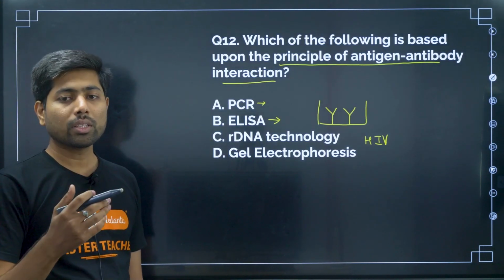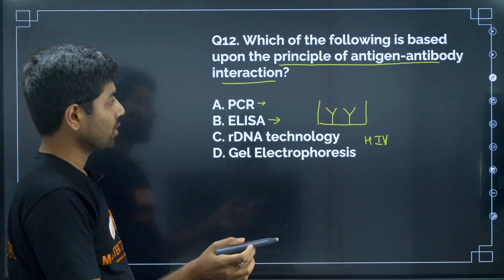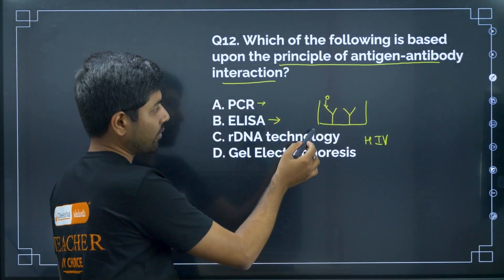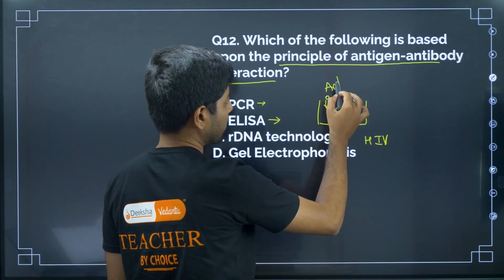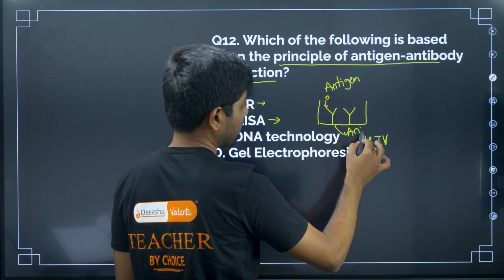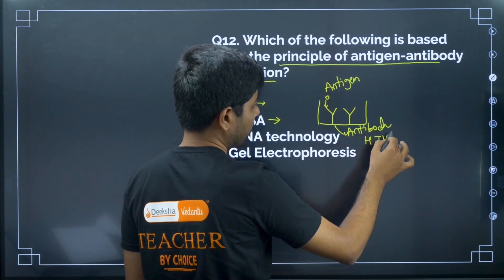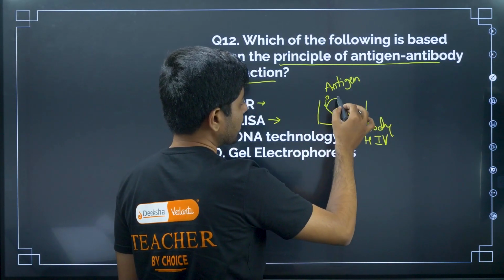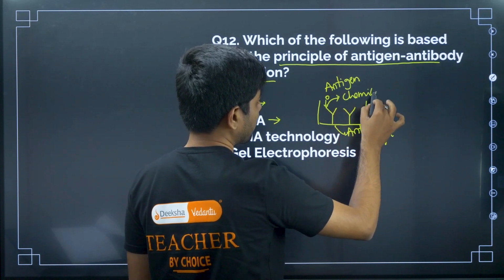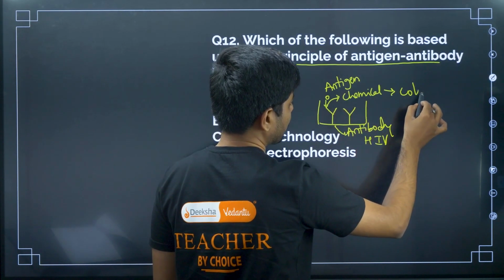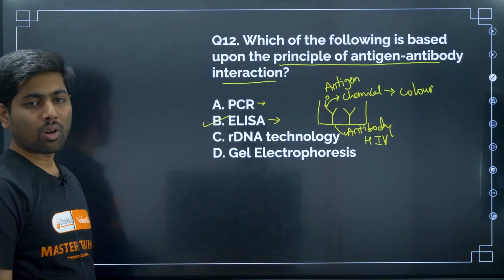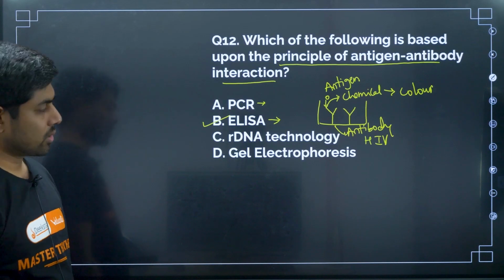In the body, there are particular antigens that are produced. Whenever the blood is taken and sent here, when this antigen matches with antibody, then there is a substrate here, a chemical which will give color. It produces color, simple. Therefore, ELISA works on the principle of antigen and antibody interaction.